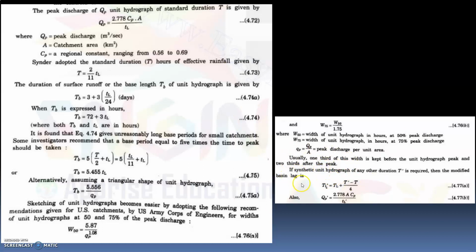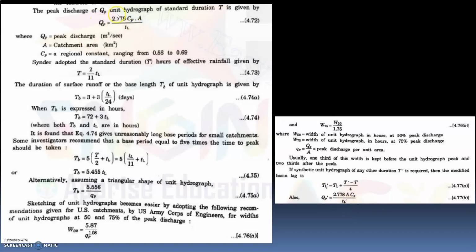If a synthetic unit hydrograph of any other duration T dash is required, then the modified basin lag is given by TL dash, that is equal to TL plus T dash minus T divided by 4. Then QP dash is equal to 2.778 A into CP divided by TL dash.